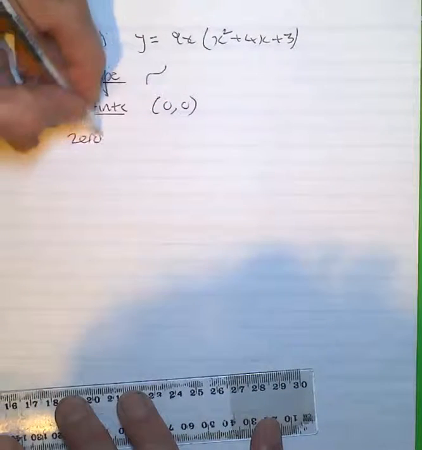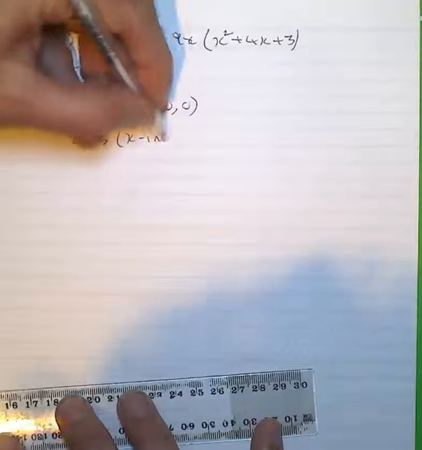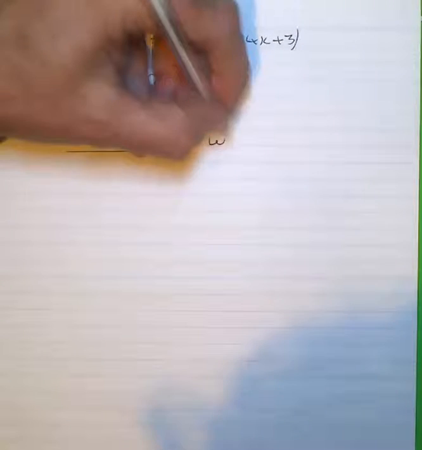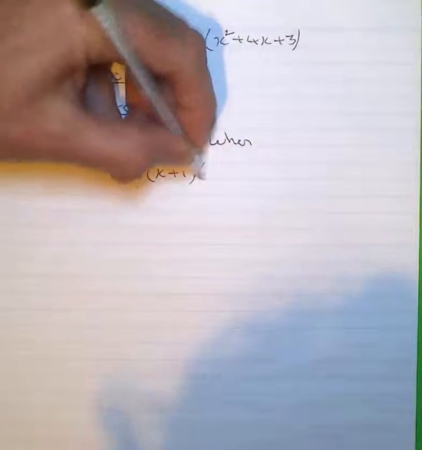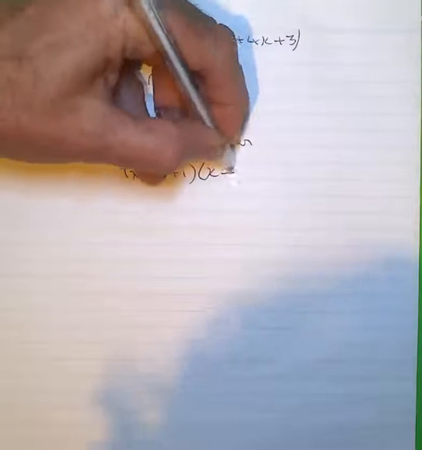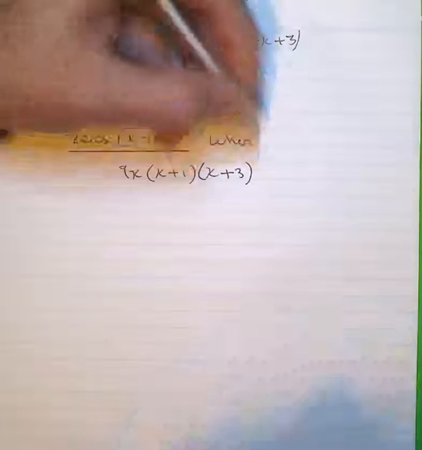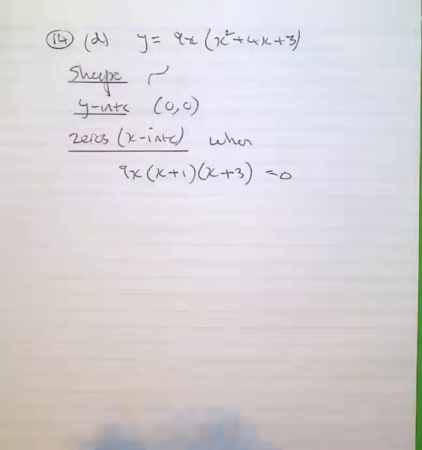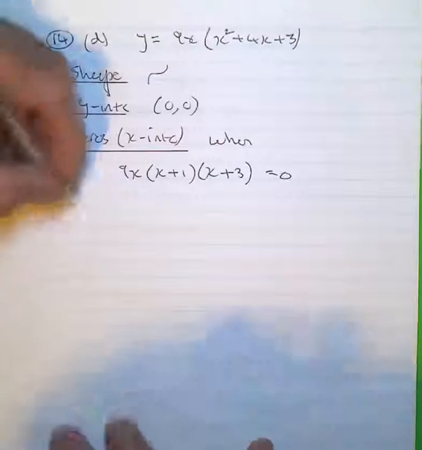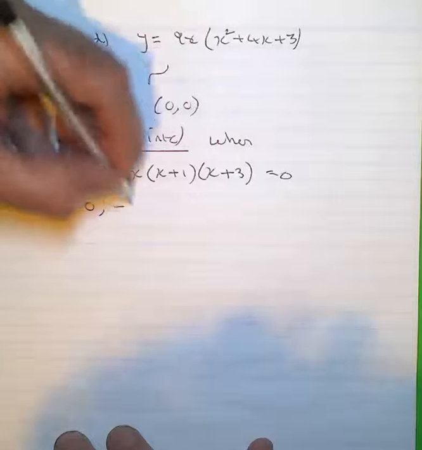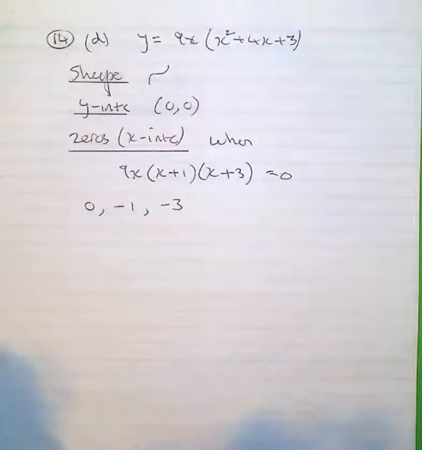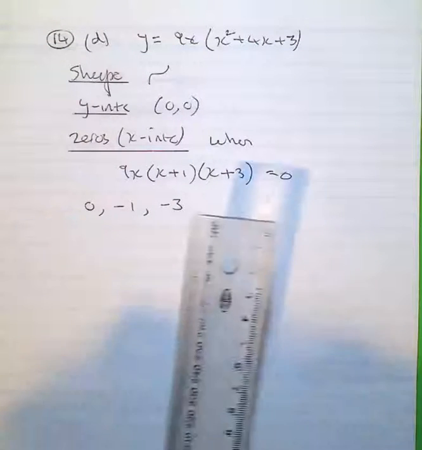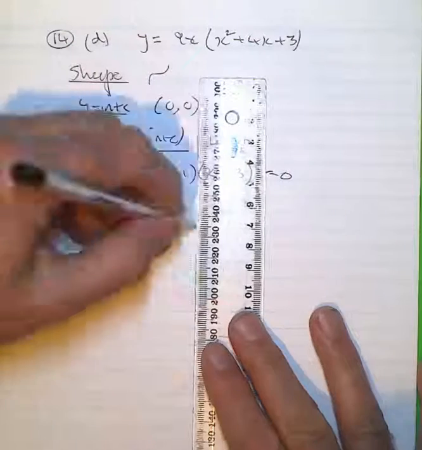The zeros, or the x-intercepts, to factorise that, comes down to x plus 3, lots of x plus 1 equaling 0. So I'm going to have zeros at 0, -1, and -3. And that becomes a relatively easy one to graph up.